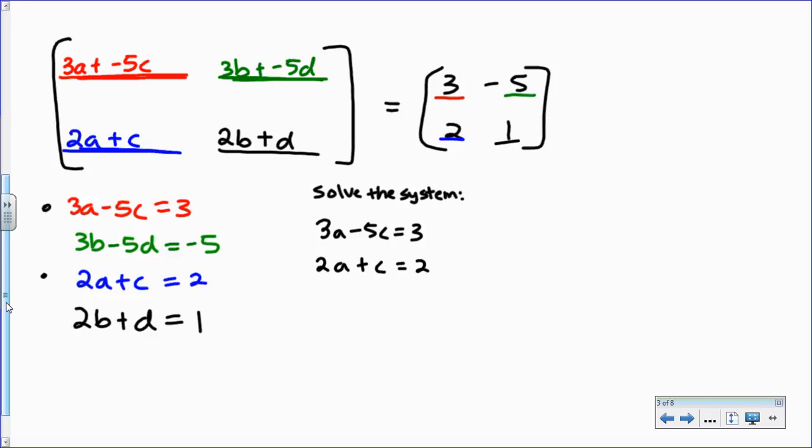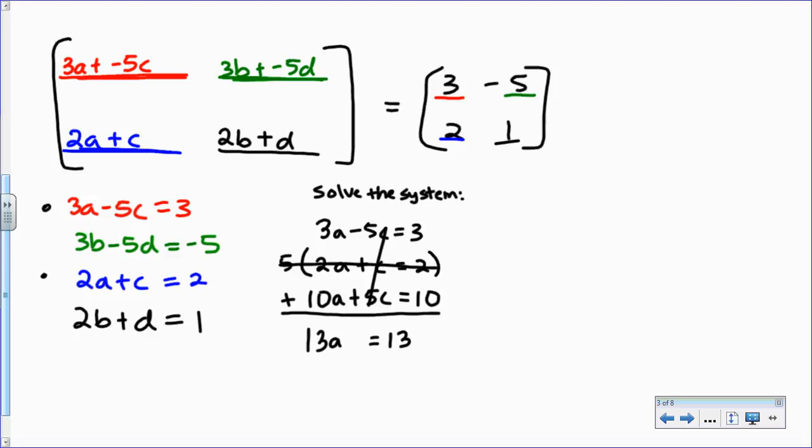So I'm going to multiply the second equation by 5, so I'll use elimination, and I can eliminate C. So that's 10A plus 5C equals 10. And I'll add down. So 13A equals 13.